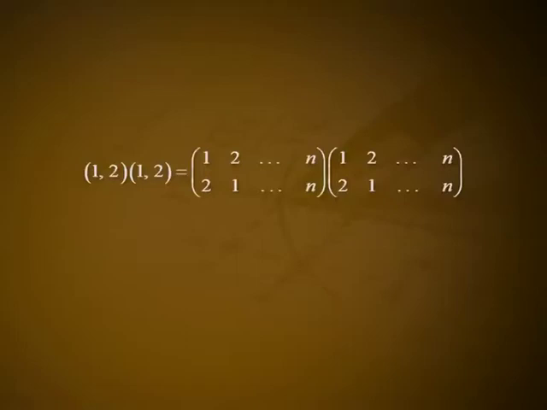Since cycle (1 2) into cycle (1 2) is equal to permutation (1 to 2, 2 to 1, ..., n to n) into permutation (1 to 2, 2 to 1, ..., n to n), which is equal to permutation (1 to 1, 2 to 2, ..., n to n), which is equal to I.